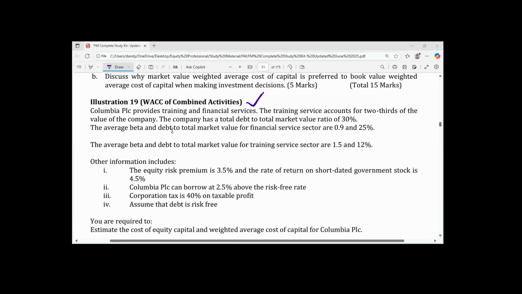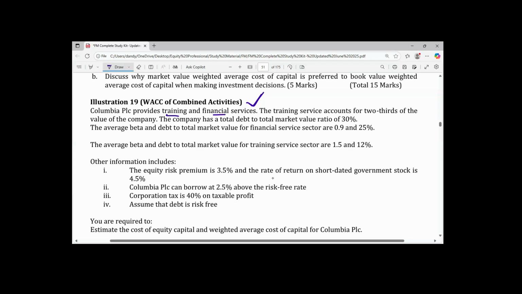Columbia PLC provides training and financial services. The training services account for 2/3 of the value of the company. The company has a total debt to total market value ratio of 30%. The average beta and debt to total market value for the financial service sector are 0.9 and 25%.